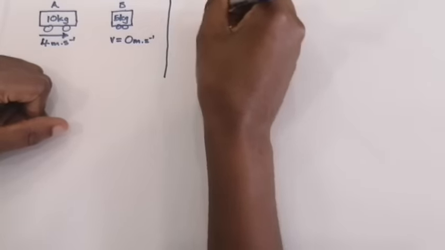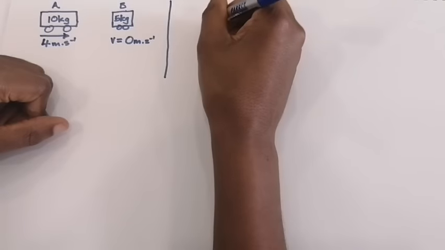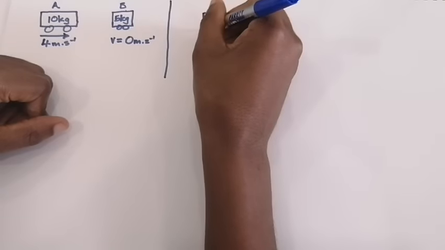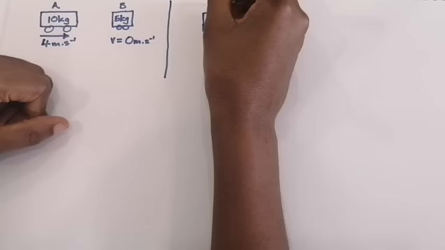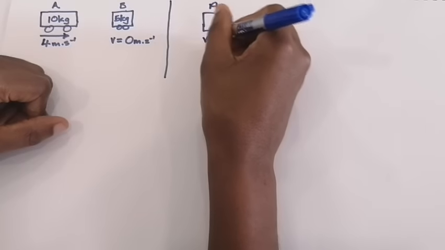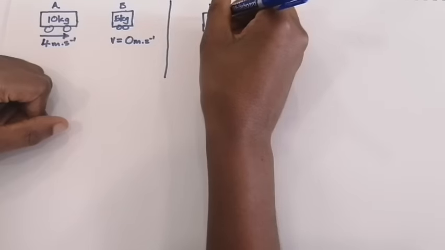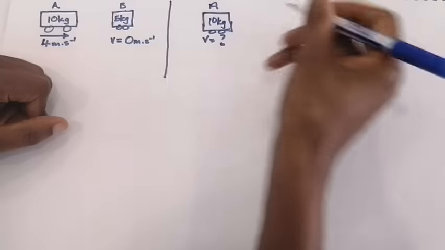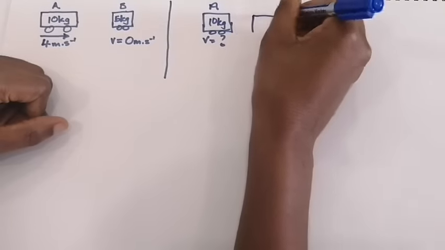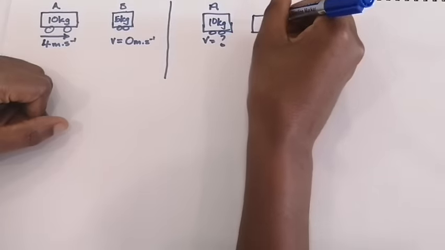In this case, after they collide, we want to find out the velocity of A, assuming none of the parts fell off, so the masses are still the same.